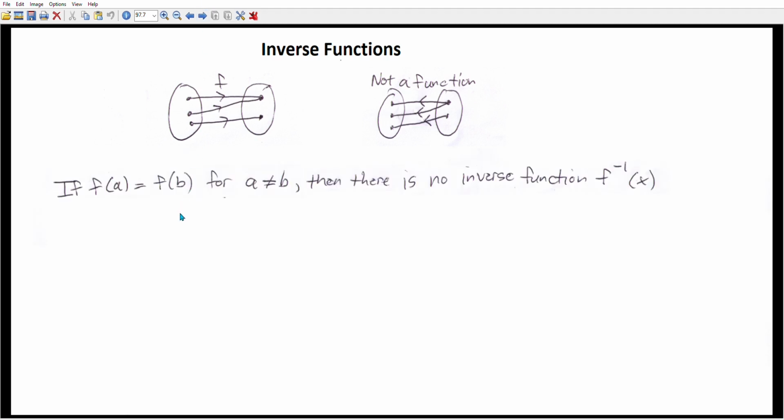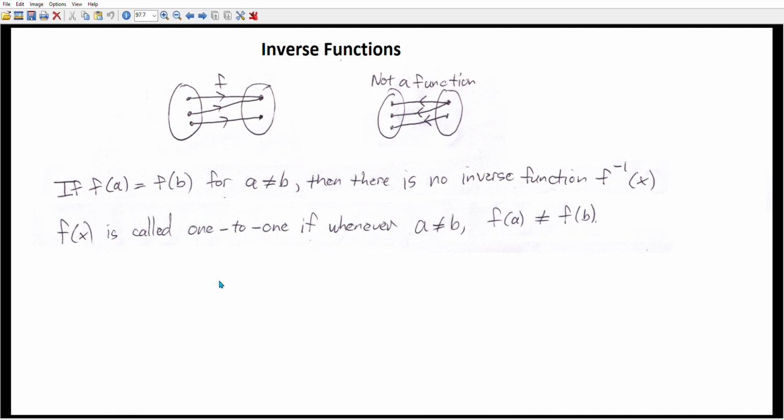And what we can see here is the problem here was a and b go the same place. F of a equals f of b for a not equal to b. And when we tried to draw the inverse, it didn't work. So if f of a equals f of b for a not equal to b, there is no inverse function.